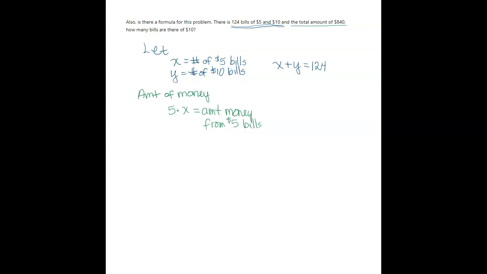And similarly, 10 is the amount of money we get for every $10 bill, so 10Y will be the amount of money that we get from the $10 bills.